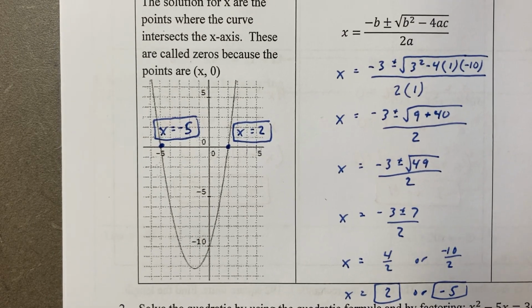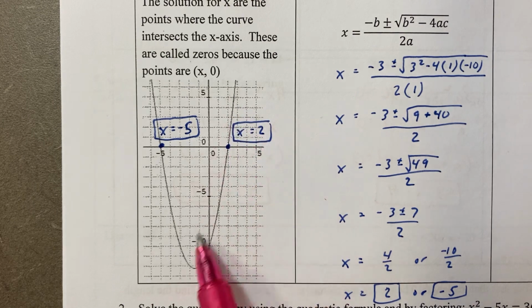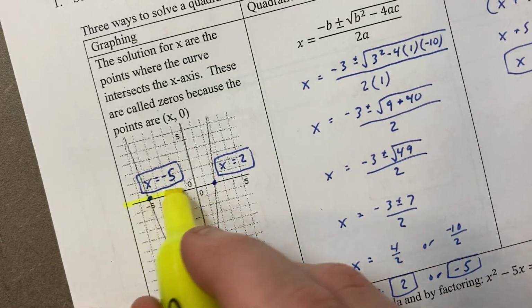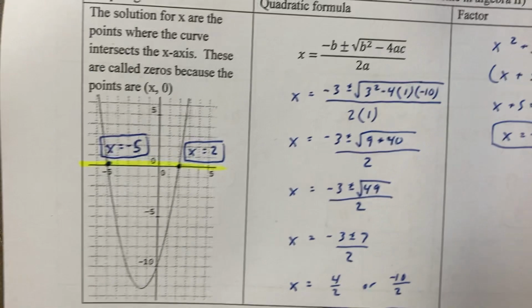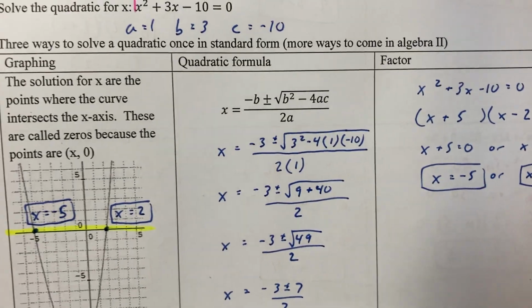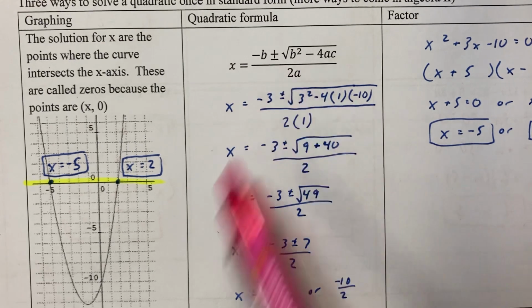First way to answer that question is by graphing. If you graph this, it looks like this, and you can see that it crosses the x-axis at -5 and 2. The other option, and this is like the fail-safe because this always works, is using this equation.